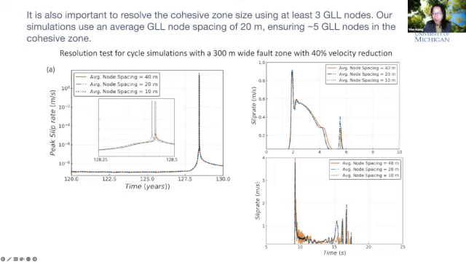But then if we reduce this to 20 meter and 10 meter, we are seeing that these artificial oscillations are muted, but we still have some oscillations following behind the major slip pulses. So these are actually corresponding to the wave reverberations from the fault zone boundary and also from the free surface.